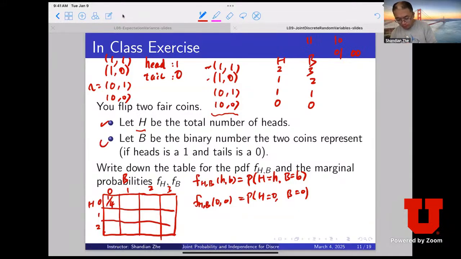H is 0 and B is 1. What's that? This is defined as the joint probability of H is 0 and B equals to 1. Let's see what set of outcomes it includes.